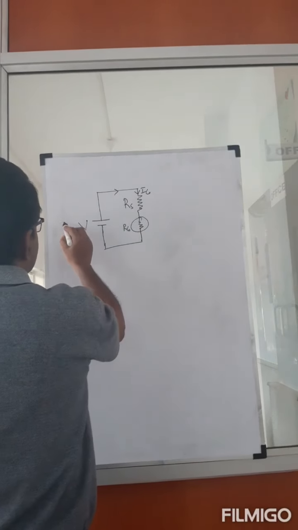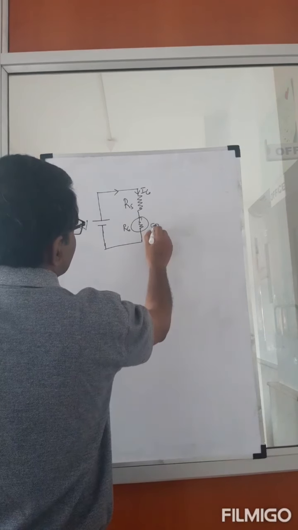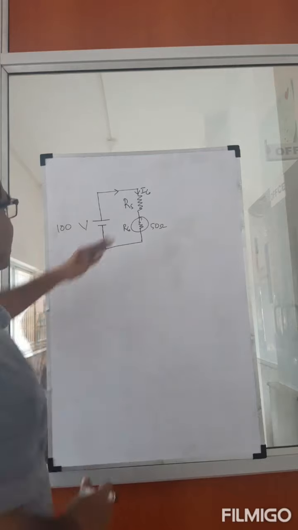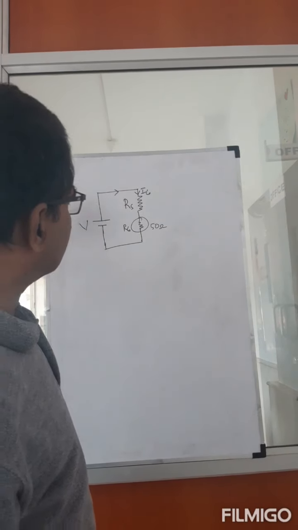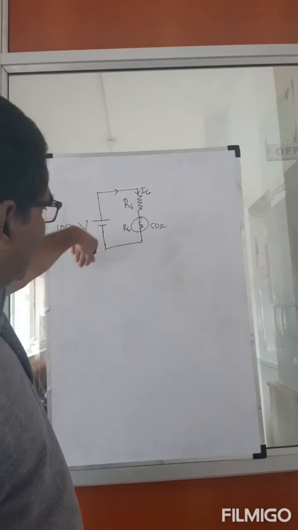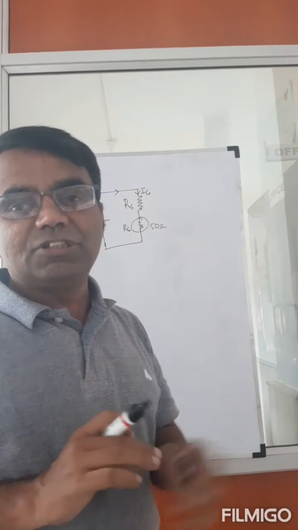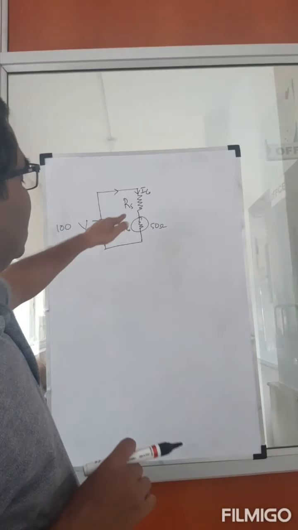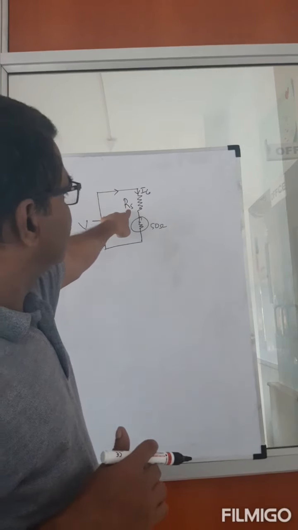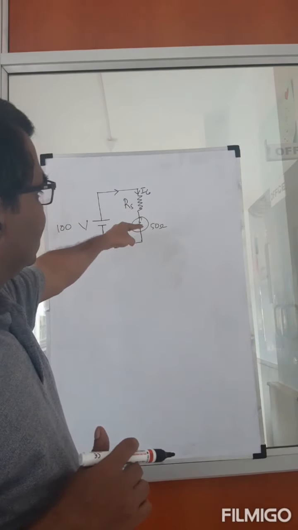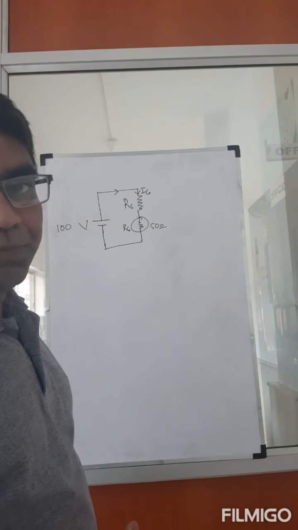For example, if this is 100 volts and this is 50 ohms again, then if you directly connect it without the series resistance, it will send 2 ampere current through the galvanometer, which the galvanometer cannot handle. You will damage the instrument. So you are going to have a series resistance, Rs, and this resistance is used to limit the amount of current that flows through this.